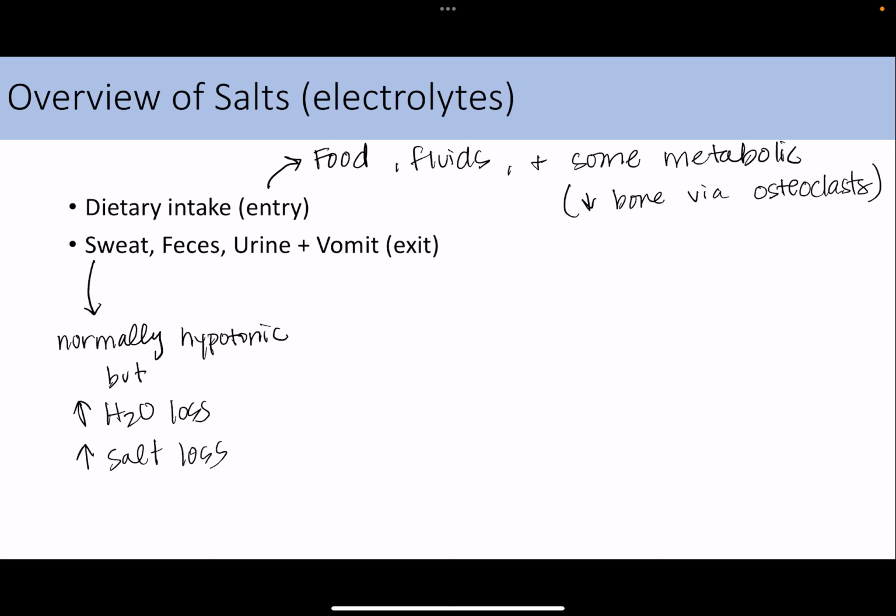We can lose salt through our feces. There are certain GI disorders that we won't get into, but there are certain GI disorders that can increase salt loss, where these GI disorders don't allow us to absorb the salts, and so we just lose them in our feces. We'll also lose some salts through our urine as well as our vomit.